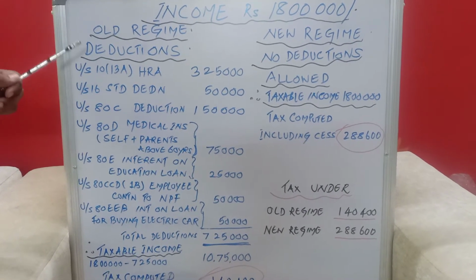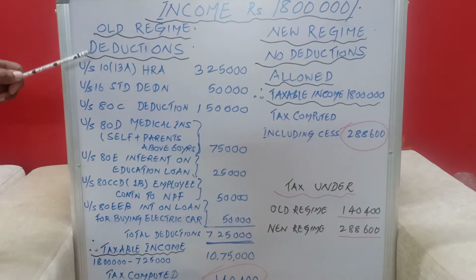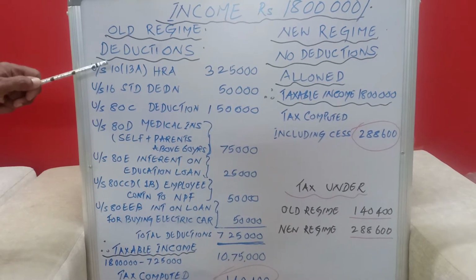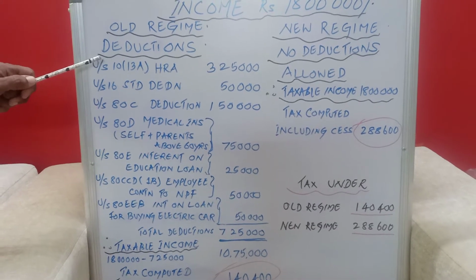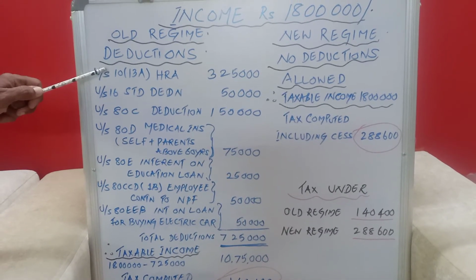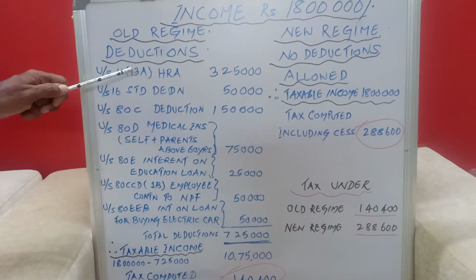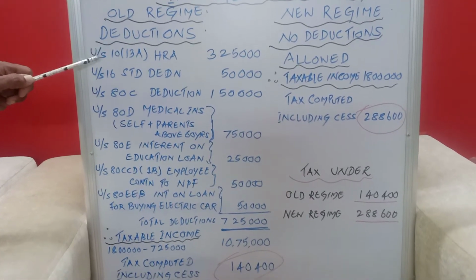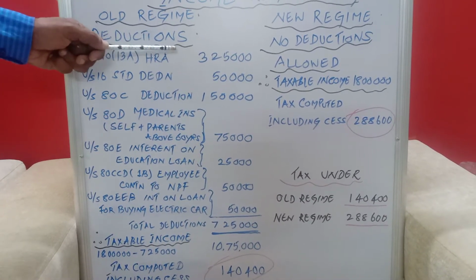In the first example, I took into consideration interest on home loan since he owns a house. In this case, he does not own any house and is staying in a rented house, so he is eligible to claim house rent allowance. By applying the rule, the maximum deduction available to the assessee is 3,25,000.